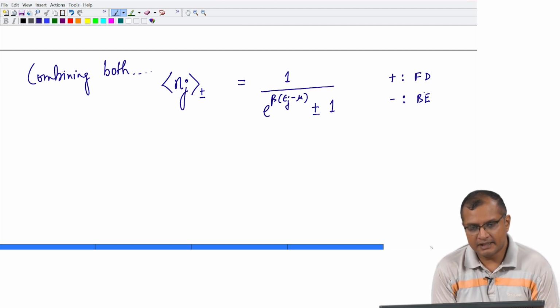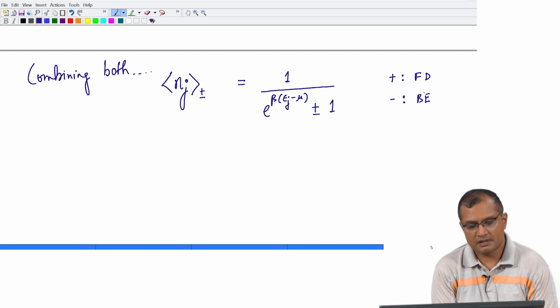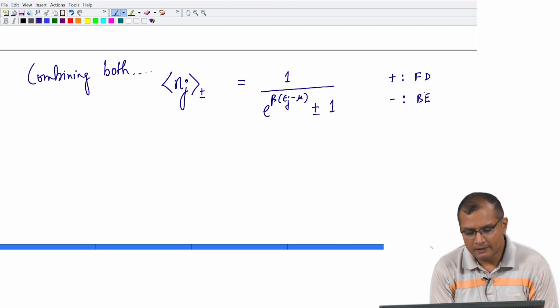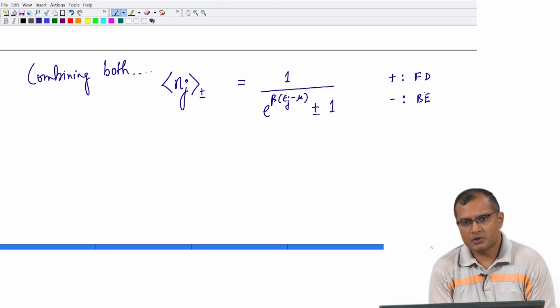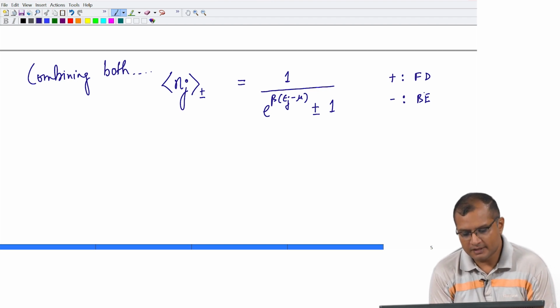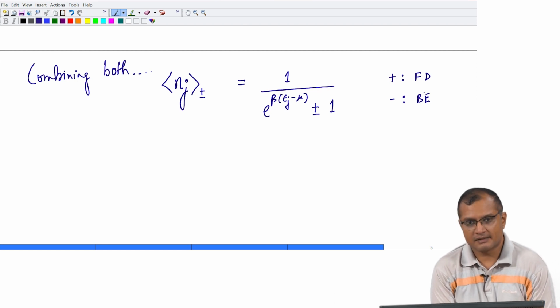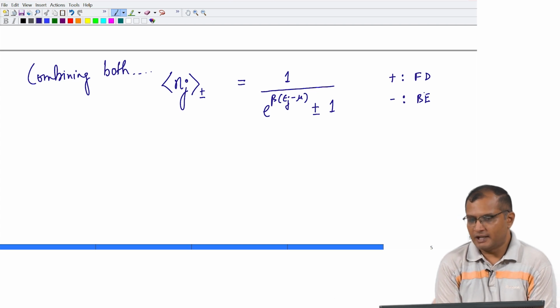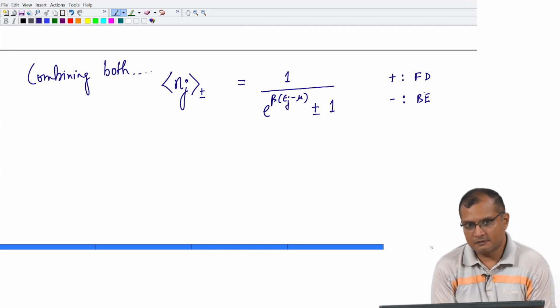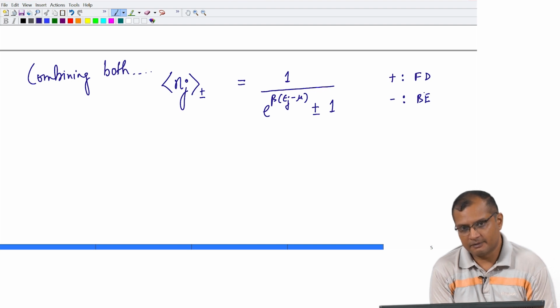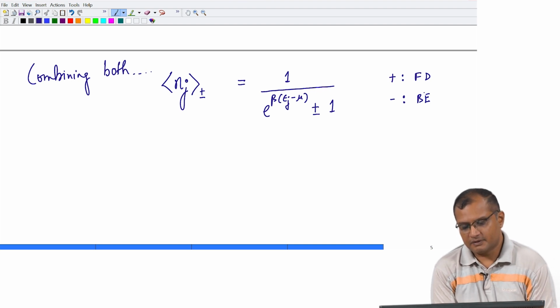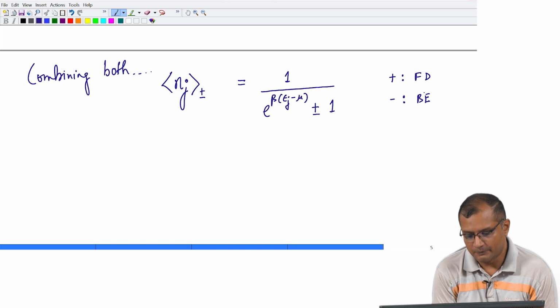We will see that the lattice contribution due to ions is proportional to T cube, and the free electron contribution is proportional to T. This is a consequence of the Fermi-Dirac statistics that the electrons, which are fermions, follow, and the Bose-Einstein statistics that the phonons, which are the quanta of vibration of these ions, follow.